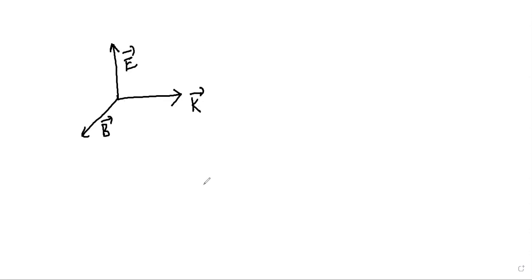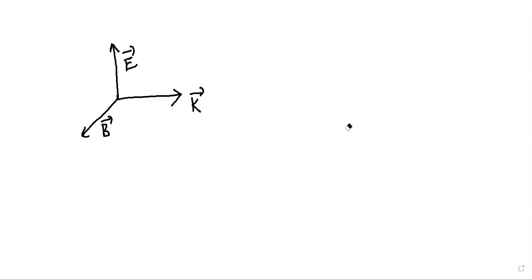Suppose this is the oscillating electric field, and your magnetic field will oscillate perpendicular to it like this. So radiation consists of oscillating electric and magnetic fields.